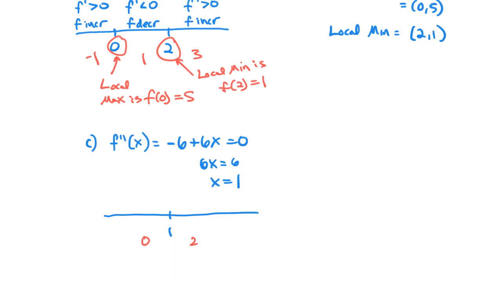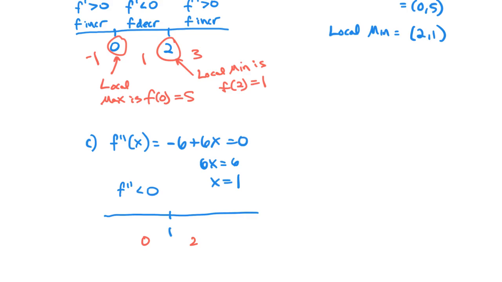So with these test points, we want to plug these back into the second derivative. So when I plug a 0 in here, I'm going to get a negative 6 plus 0. So right here, the second derivative is less than 0, because when I plugged a 0 in here, I get -6.